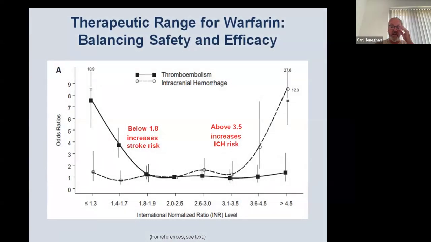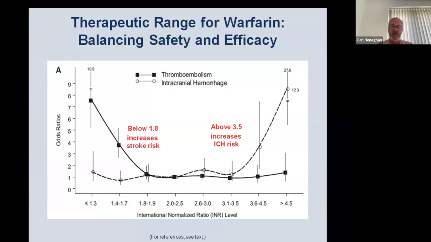One of the key things about warfarin is its therapeutic index. It uses the INR, the international normalized ratio. In a simplistic way, if you make the blood too thin, an INR above 3.5 increases your risk of intracranial hemorrhage and bleeding. But if the INR is too low, it increases your risk of thrombosis and stroke.